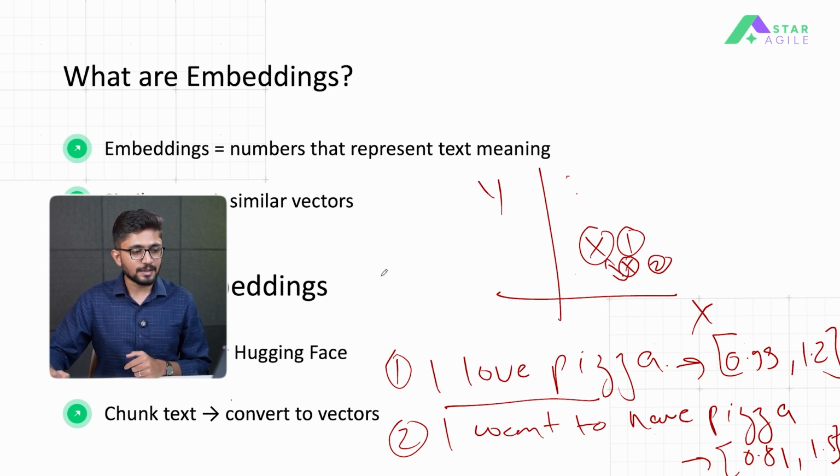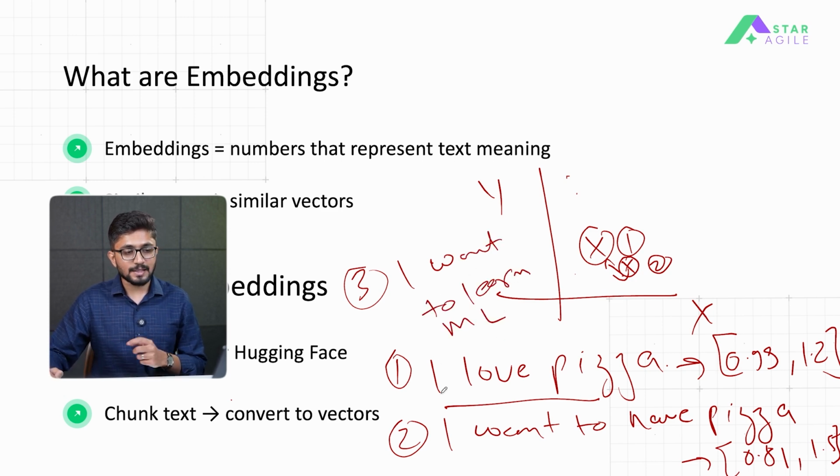On the contrary, let's say we have a third sentence which says, I want to learn machine learning. This sentence is conceptually very different from the previous two sentences. So the corresponding embedding of this sentence will be farther away from these two.